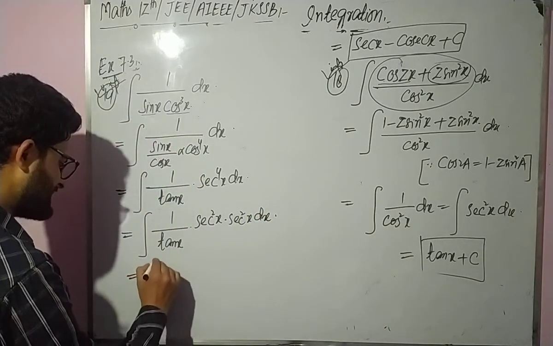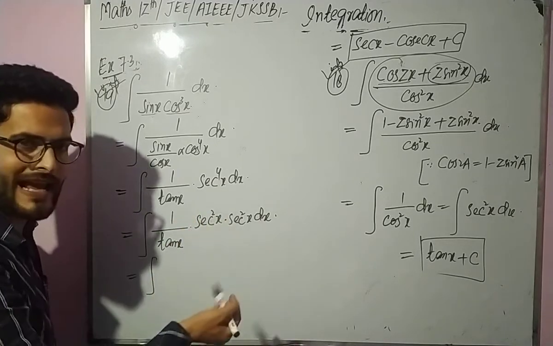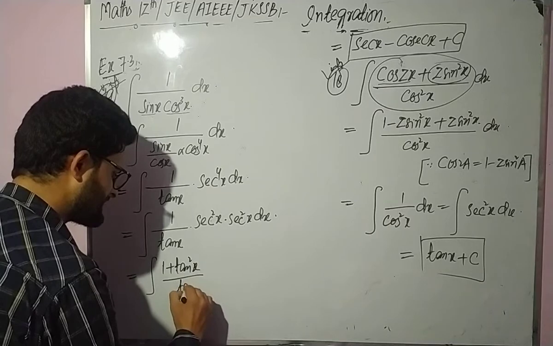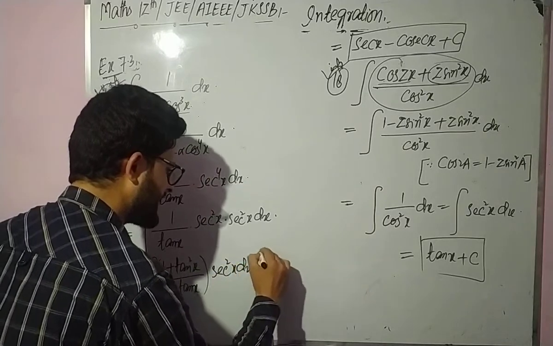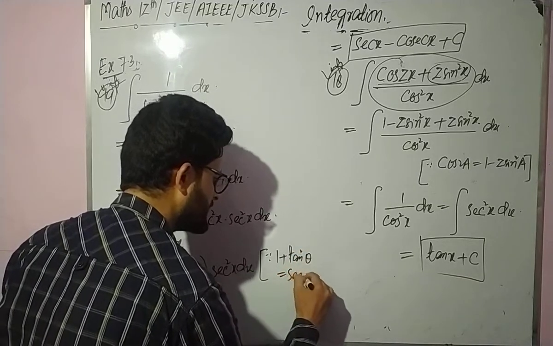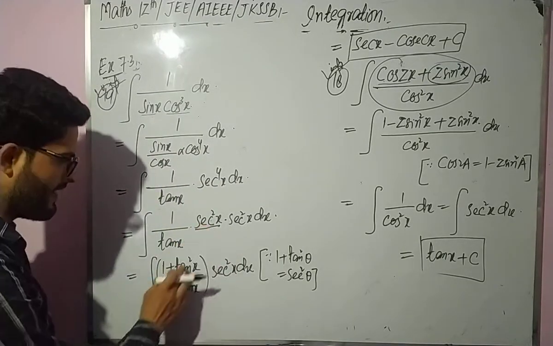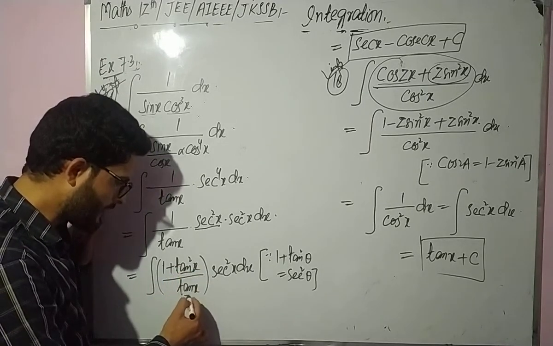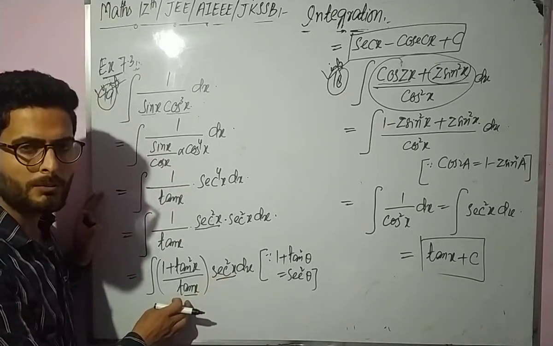Now that can be further written as integration of one sec square is our sec square. Now we will express the other sec square in tan. So 1 plus tan square x divided by tan x into sec square x dx, because 1 plus tan square theta is equal to sec square theta. So this sec square theta has been expressed as 1 plus tan square theta. Why did we do this? Because now there is tan in the numerator as well as in the denominator, and if we look at tan, its derivative is sec square, so we can put tan x here.